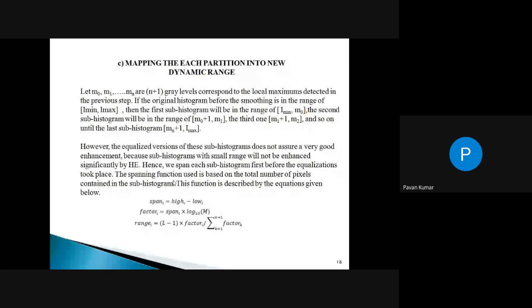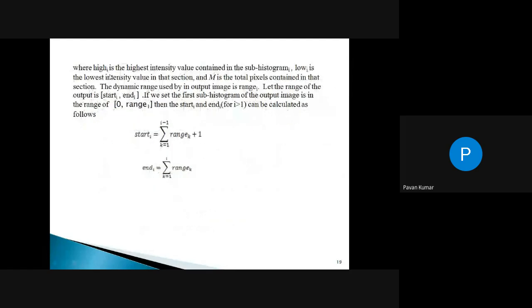That can be obtained by using this formula: span i equals high i minus low i, times a factor. This is the final range I have taken, for example 0 to 50. Here, high i indicates the highest intensity value in the histogram, low i the lowest value, and M is the total number of pixels in the range.